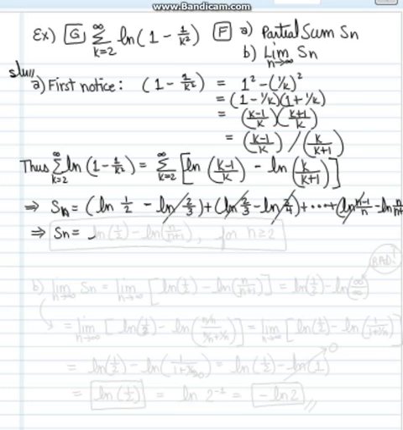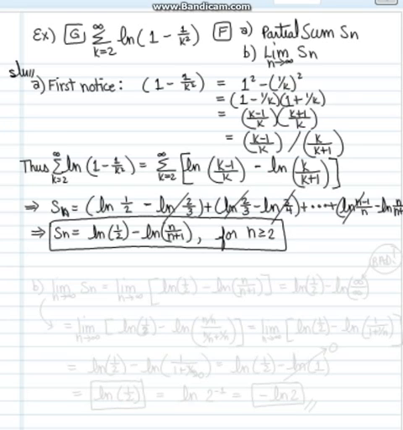It simplifies to the natural log of 1/2 minus the natural log of n over n plus 1. And this is true for n greater than or equal to 2. So that's the answer to the first part, the nth partial sum.